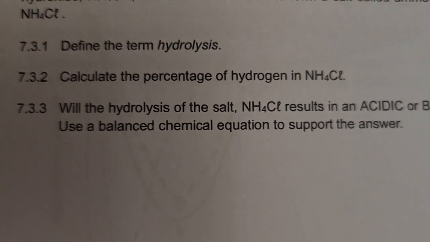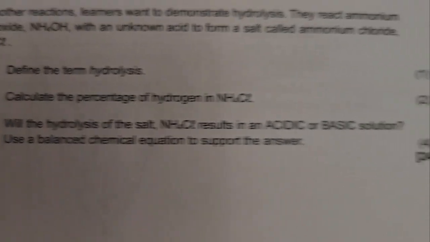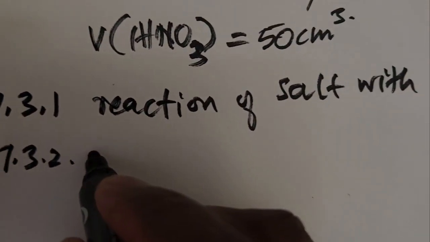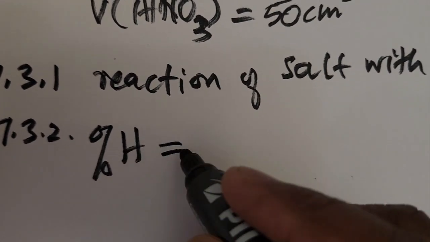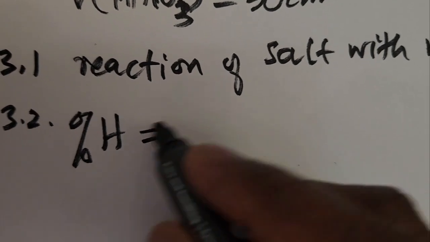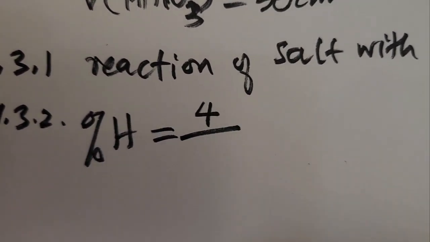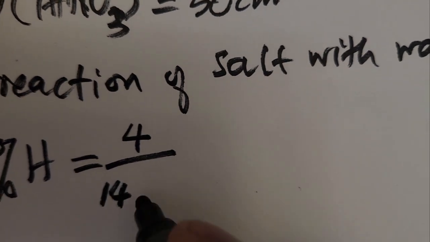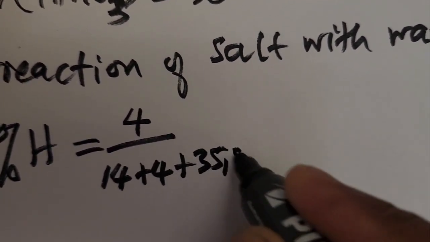They say calculate the percentage of hydrogen in ammonium chloride. This is typical grade 10. Now we just tell the examiner to say the percentage of hydrogen. They say in ammonium chloride, therefore it's going to be hydrogen. There are 4 hydrogens in there, they contribute 4. The whole ammonium chloride, therefore it will be nitrogen is 14, and then plus 4 plus 35.5.